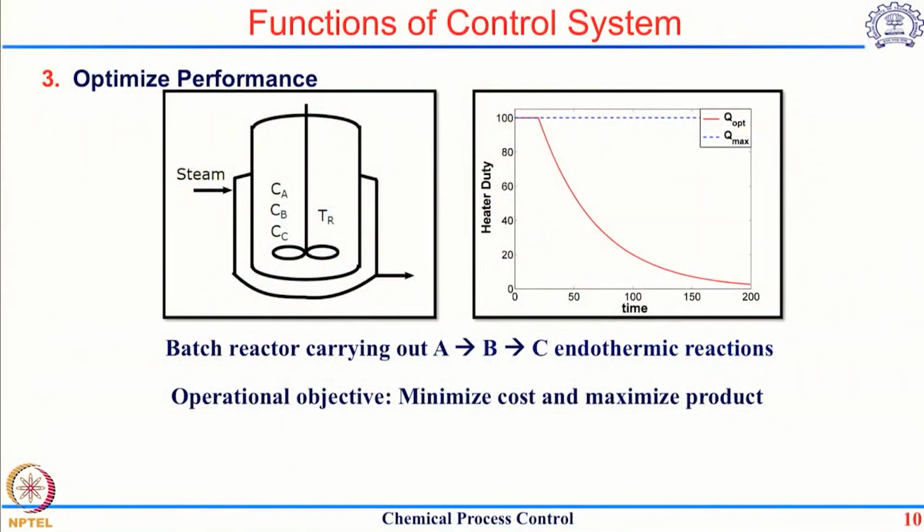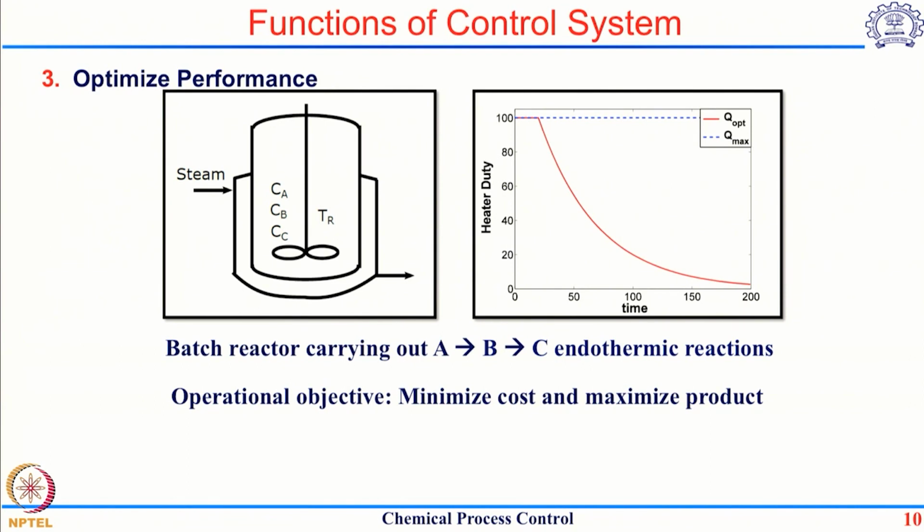So here let us take an example of a batch reactor. This time it is an endothermic batch reactor which is going to conduct a consecutive reaction of the form A going to B, which eventually goes to C, and the product of interest is B. As it is an endothermic reaction, we have to provide heat to the system, that is done by passing steam into the jacket.